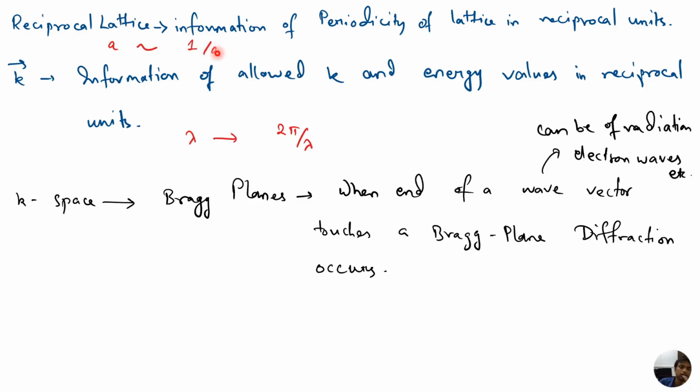The k vector has the information of the allowed k and hence the energy, because E equals h bar square k square by 2m. In k space we have looked at the Bragg planes, and the condition we have reached is that when the end of the wave vector touches a Bragg plane, diffraction will occur.